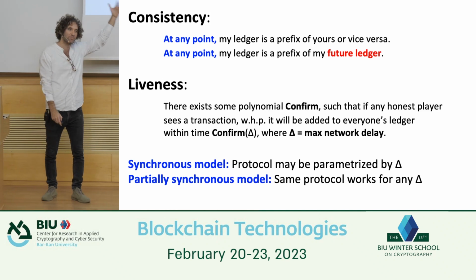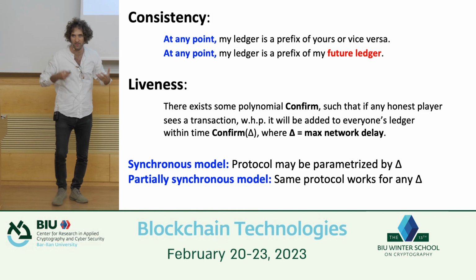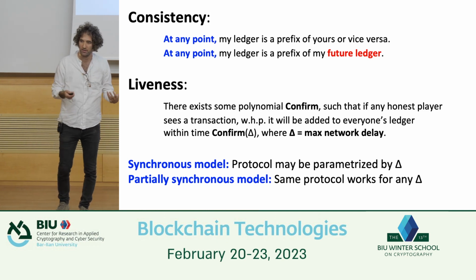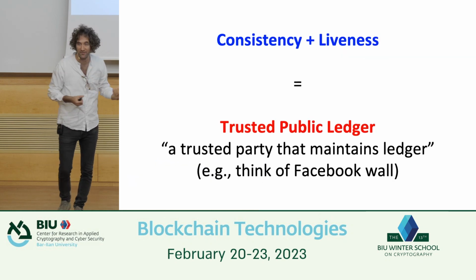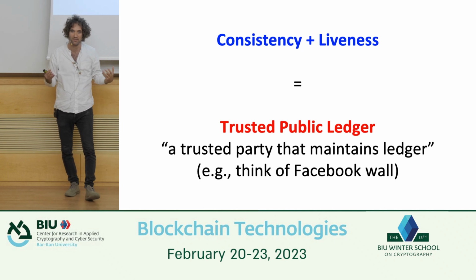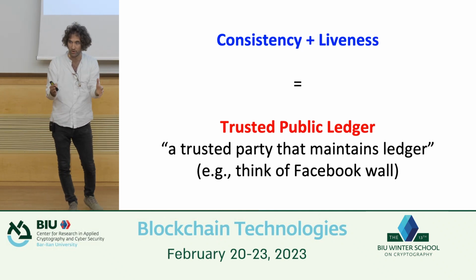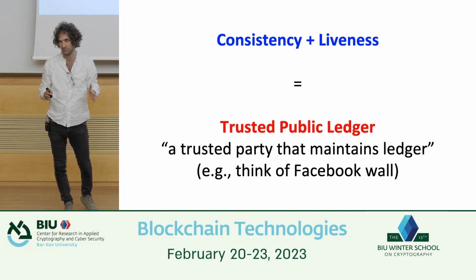Okay, so the key point is that we have this nice notion of replication, and these two security properties. And if you have them, it's quite easy to see that this protocol will in essence emulate having a trusted third party that is maintaining this ordered list of transactions.